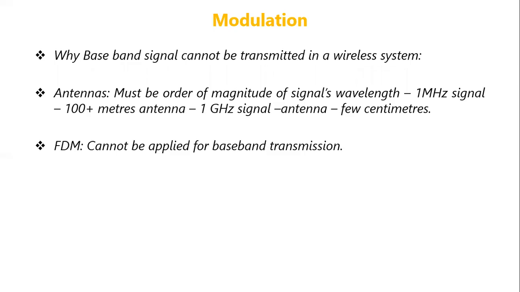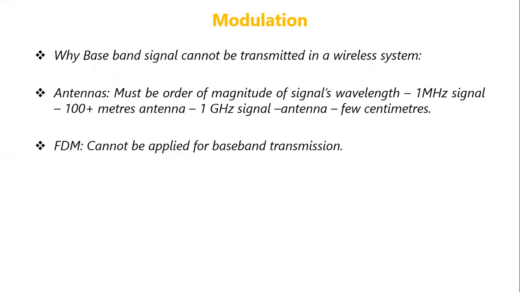If the signal that the antenna is going to transmit or receive is a 1 megahertz signal, then the antenna height should be more than 100 meters, which is practically not possible. But if the antenna is going to receive or transmit a signal of 1 gigahertz, then the size of the antenna can be a few centimeters.